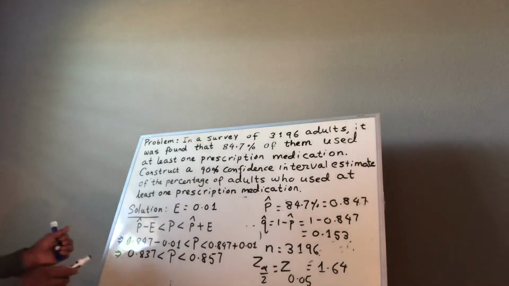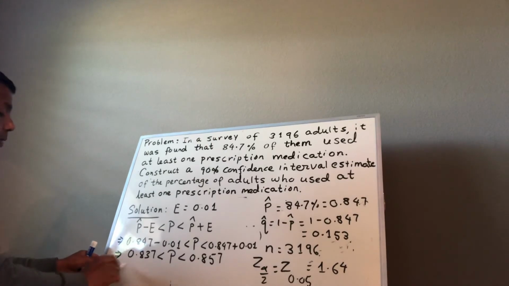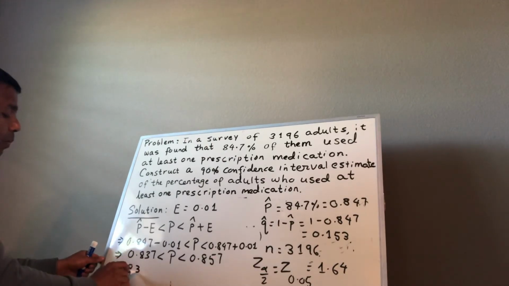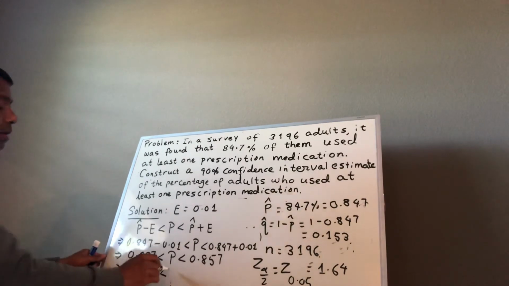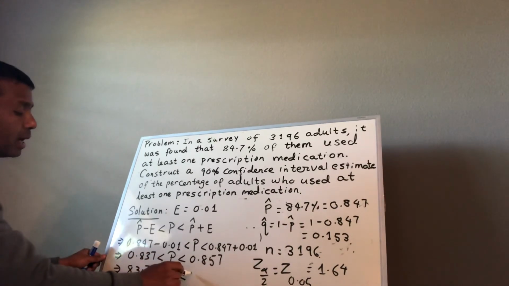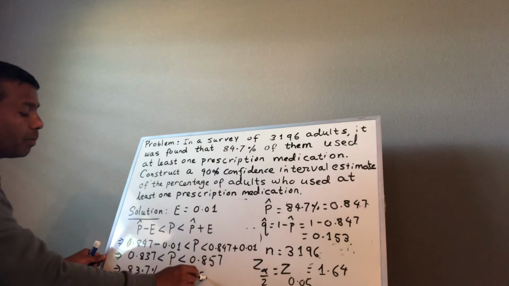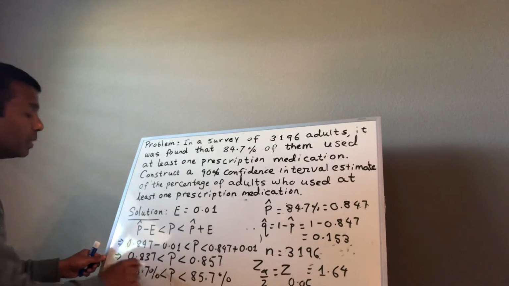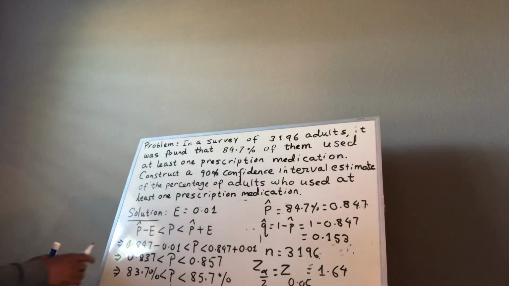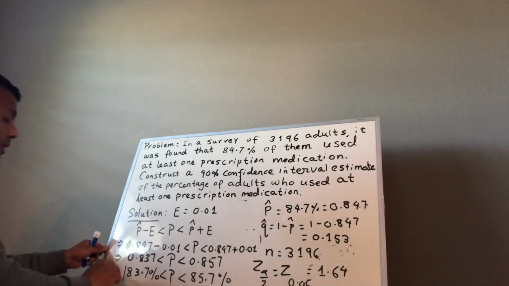And now if you write the answer in a percentage, this is 83.7% is less than P is less than 85.7%, okay? So this is the 90% confidence interval.